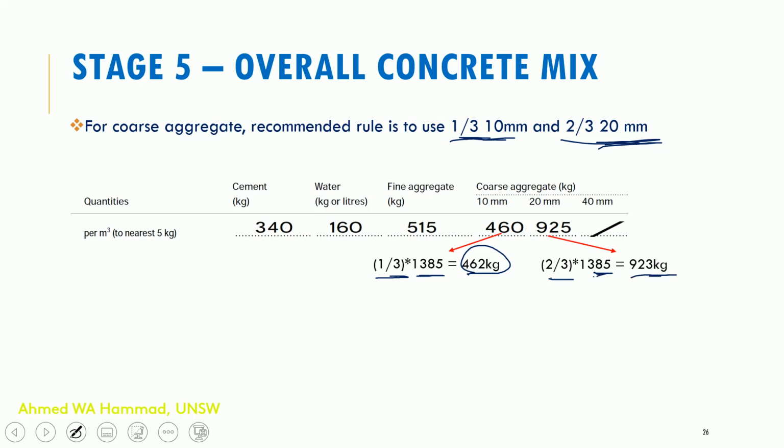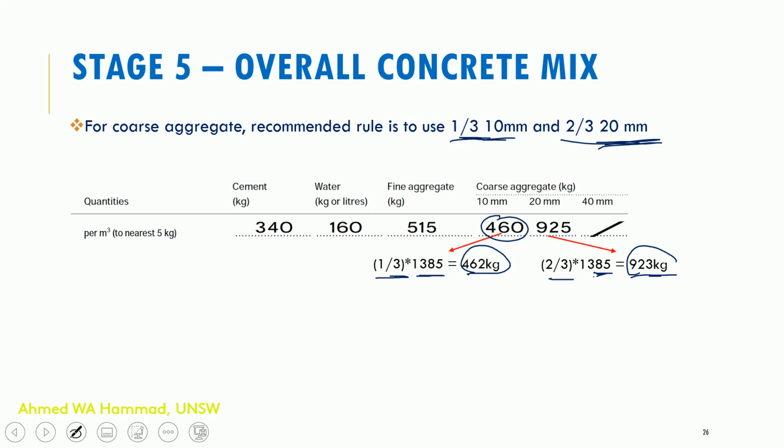Now what I've done over here, you usually round to the nearest 5. So 462, sorry, was rounded down to 460. And then the 923 was rounded up to 925. You notice that we're not concerned with an additional 1 or 2 kilograms.